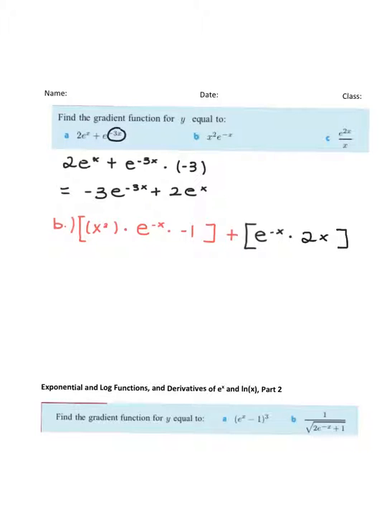Let's just do a little bit of rearranging here. So I have negative x squared e to the negative x plus 2x e to the negative x. Okay, I see a very easy GCF here. I can go ahead and factor it out.